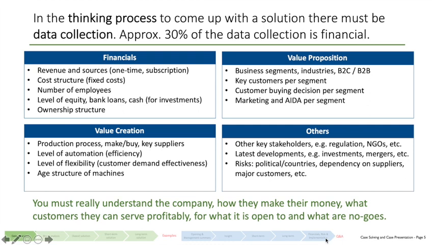So if you talk about banks today, regulation is a huge topic, for instance, or also things like latest developments, things like mergers, for instance, pharmaceutical industry. A lot of research and development is actually bought by buying companies.